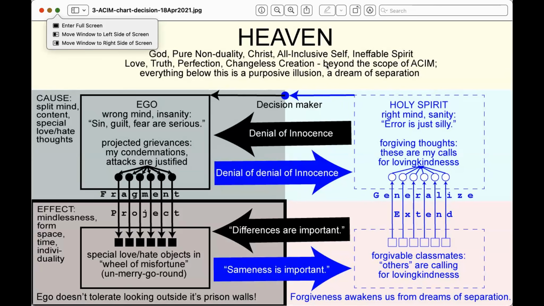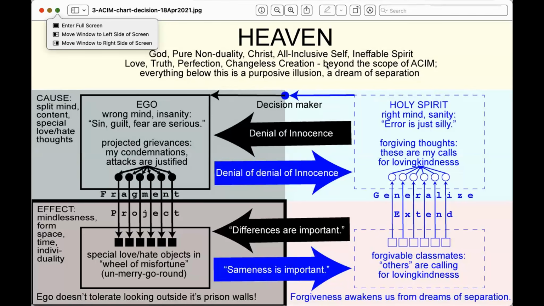And so our condemnations and attacks seem justified because we now have something to blame, or someone to blame, and we fragmented our identity into all these gazillion little pieces that we call persons and atoms and galaxies and everything in between. And then we project that out onto the world.